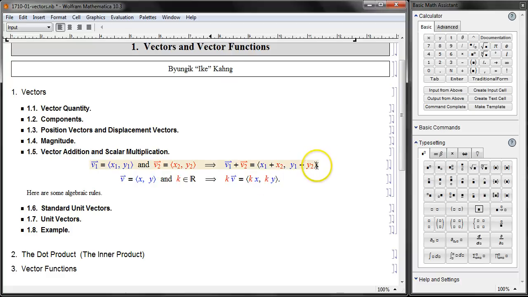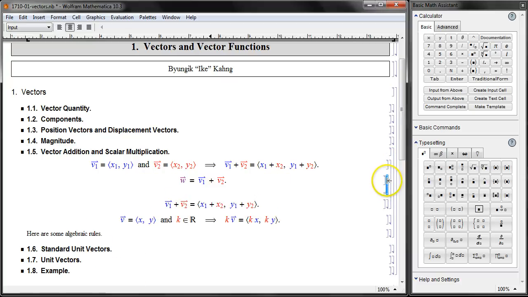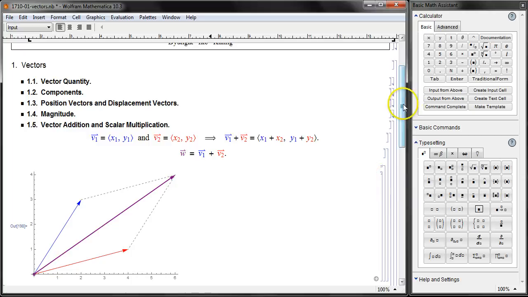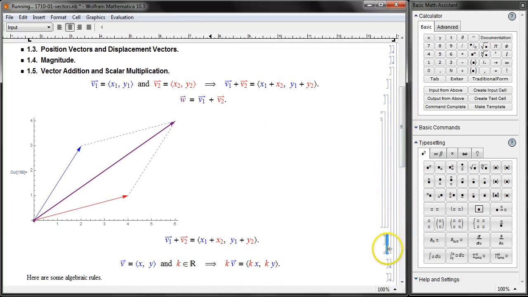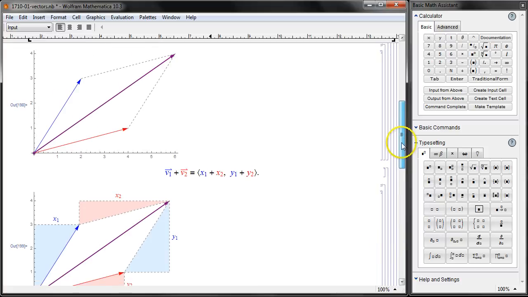It turns out vector addition is nothing more than just adding up two components, x1 plus x2, y1 plus y2. And scalar multiplication is just multiplying k to each component. Want a visualization? Well, the same picture we saw before, and this is a breakdown of the same picture.